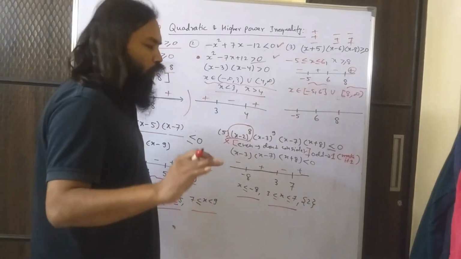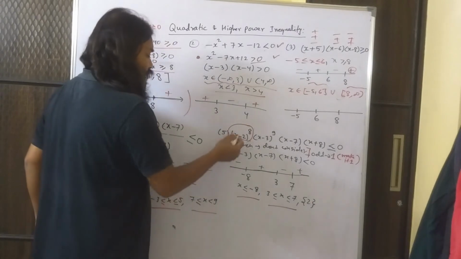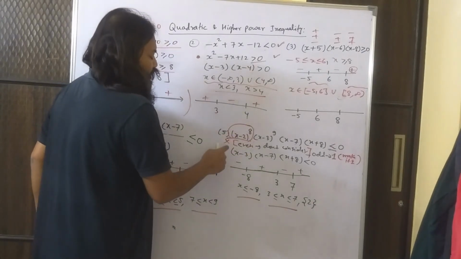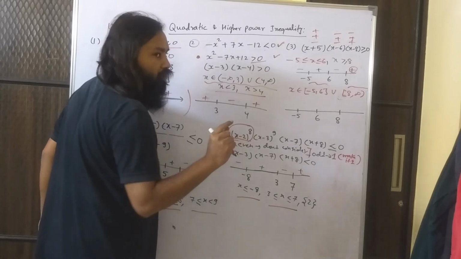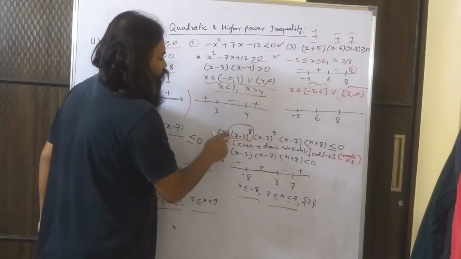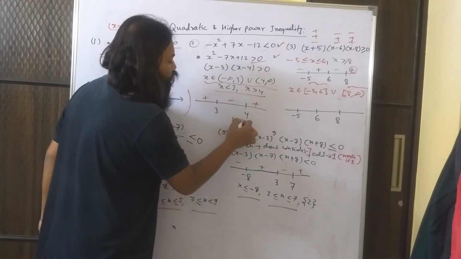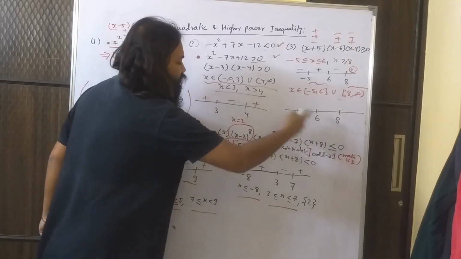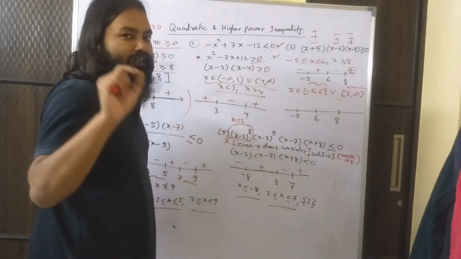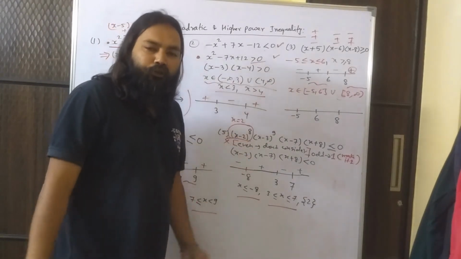Now what one thing extra we need to take care here is, see, we have not considered this term because we thought that this will not have an impact, but there is a catch. So what we should think is, can x be equal to 2? So yes, if x is equal to 2, this entire thing will become 0 and the inequality will be satisfied. So that means x equal to 2 is part of the solution.